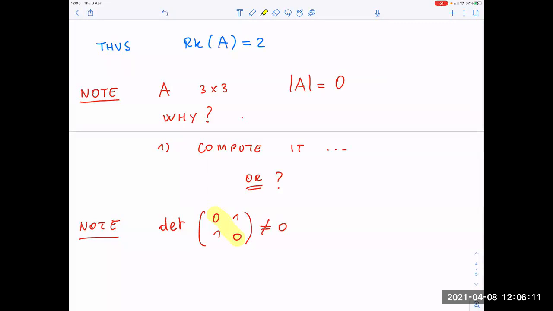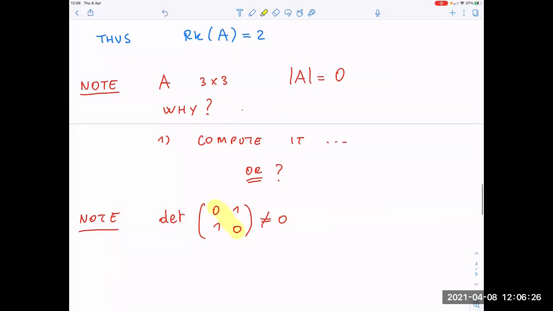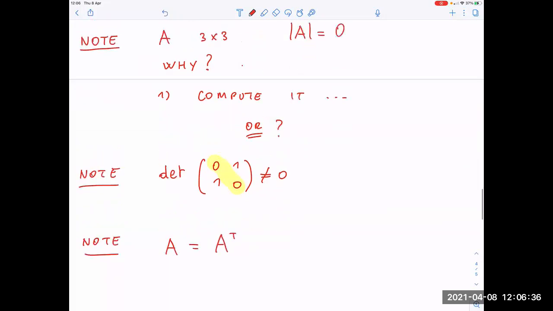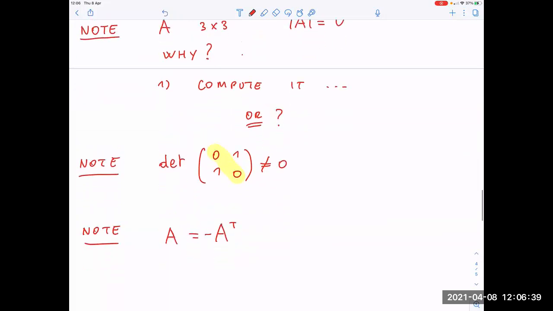So someone asked, well, maybe there is something when matrices are row equivalent about the determinant. Well, let me help you a little bit. So let's make a note. The matrix A is equal to its transpose with a minus 1 in front of it.